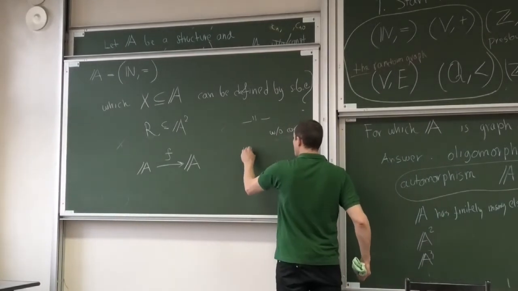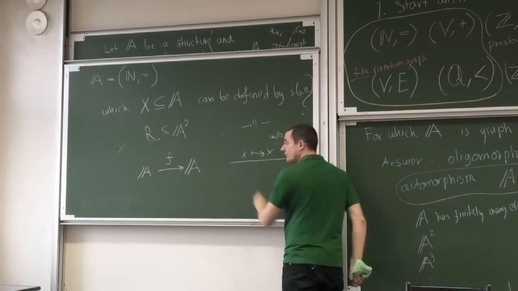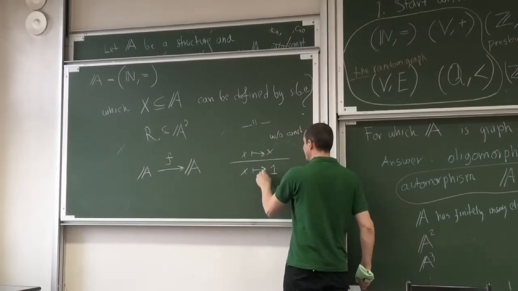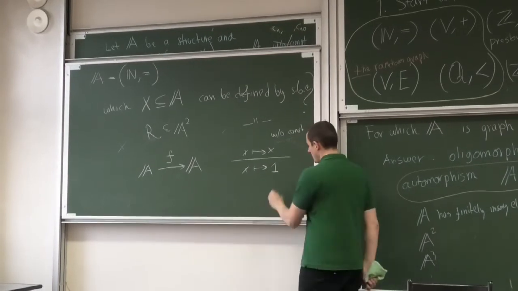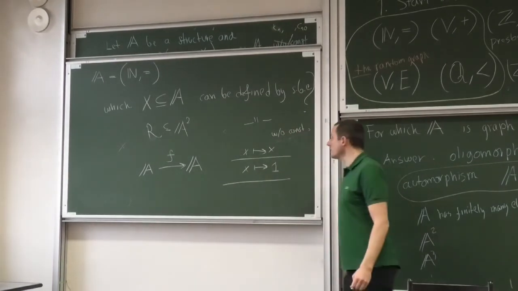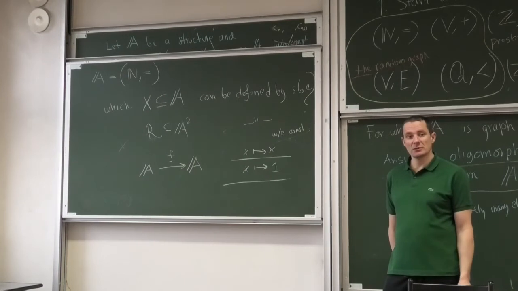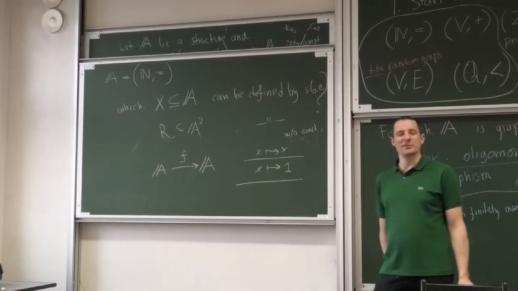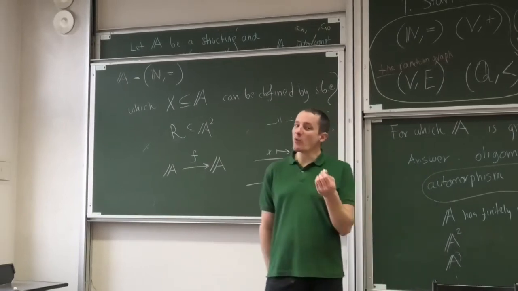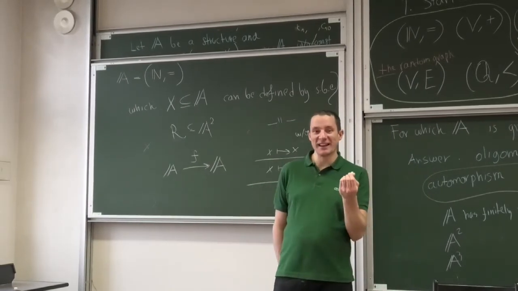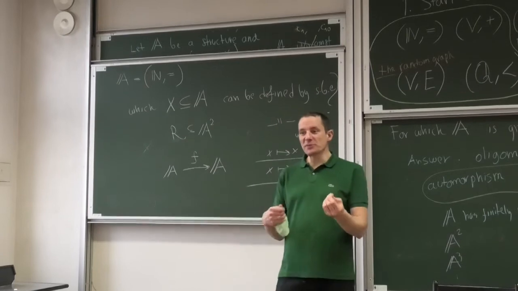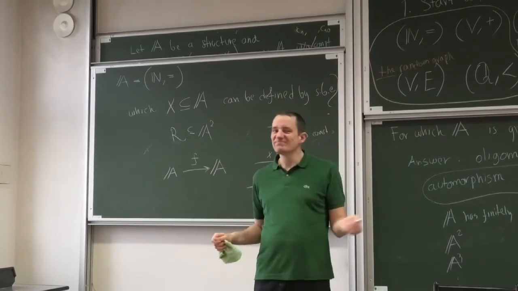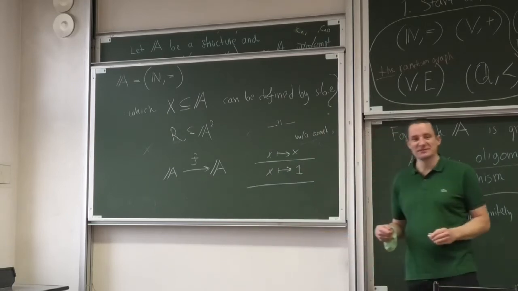So x is the first function, the identity. The other one is everybody goes to 1. Another one? Nothing goes to 1. Okay. That's not possible actually, because if you get 1 as your input, and your output is meant to be defined in terms of your input and 1, there's nothing you can do.